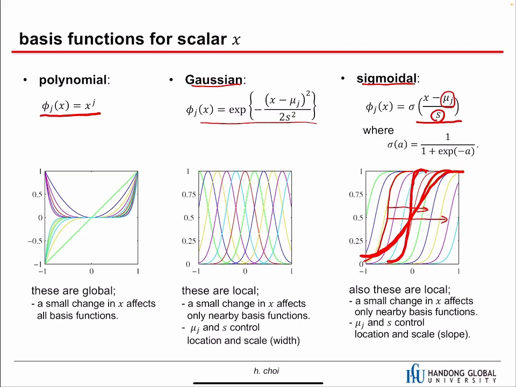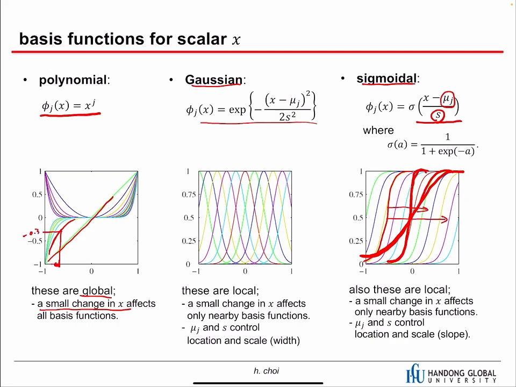And the polynomial basis functions are global, which means when we put a small change in x, then all the basis functions will be affected by that change. Let's say the input x was here. Then if we change it slightly, the value of this function will generate a different output. Originally the value was something like minus 0.3.